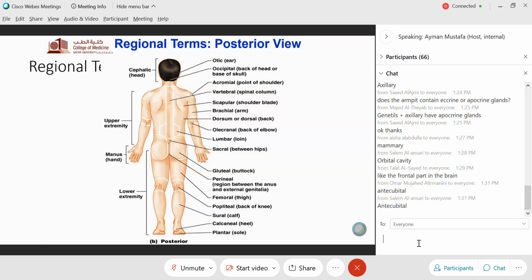So in anatomy we like to use the word lumbar. And the area between the hips, the most inferior part, we call it sacral. The butt or the buttock, we use the term gluteal. The area between the two thighs, where the internal genital organs are located, is the perineal.